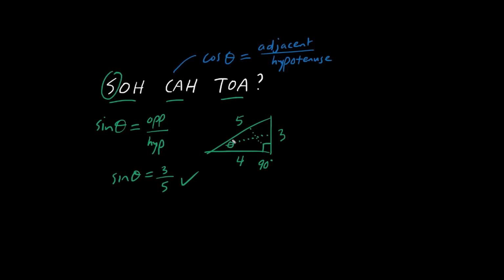So the adjacent of theta is the side other than the opposite and the hypotenuse. Adjacent means beside. It's not the 5 because that's taken already by the hypotenuse. It's the side length 4. So cosine theta equals adjacent, which is 4, over H, which is hypotenuse, 5.